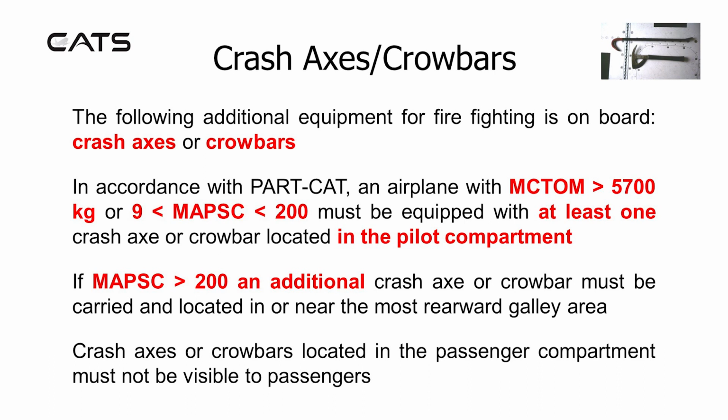If the maximum authorised passenger seating capacity is greater than 200, an additional crash axe or crowbar must be carried and located in or near the most rearward galley area. Crash axes or crowbars located in the passenger compartment must not be visible to passengers.